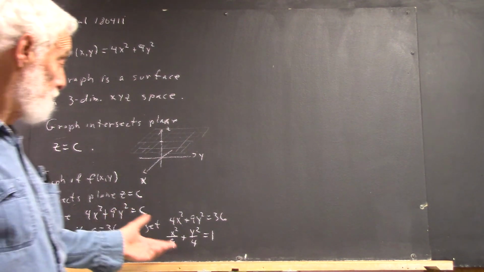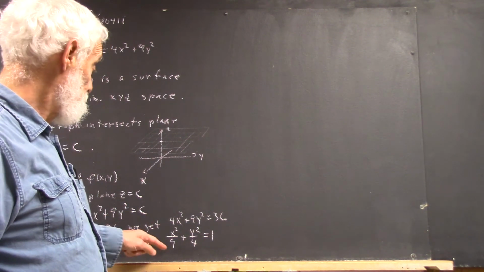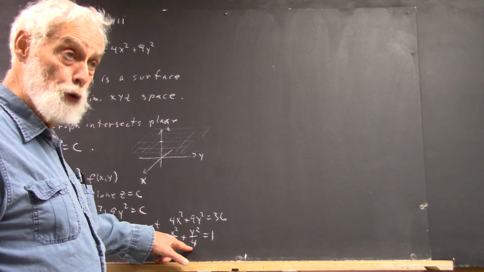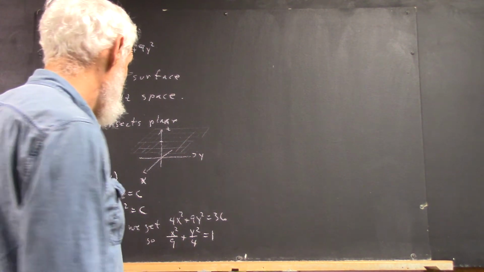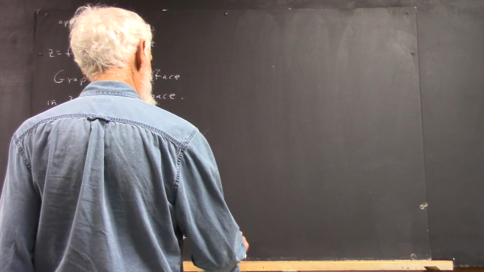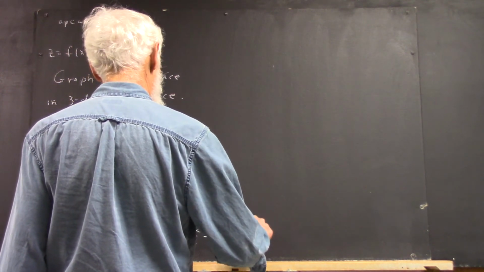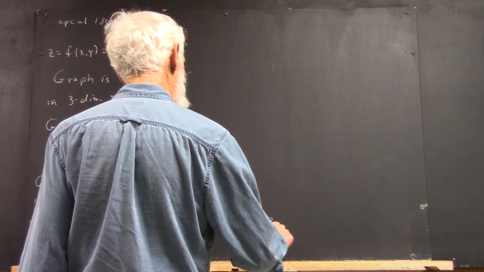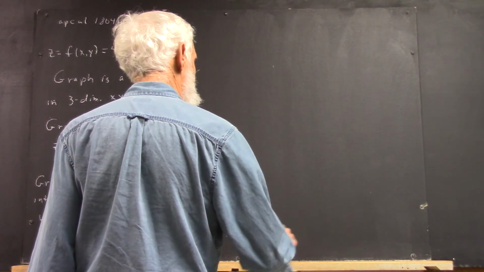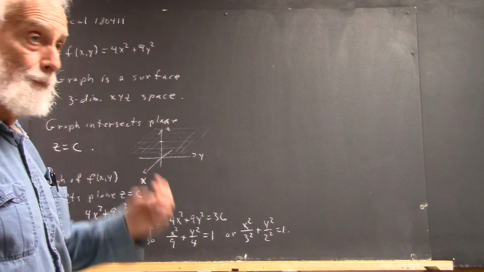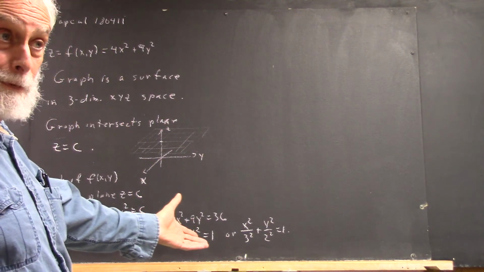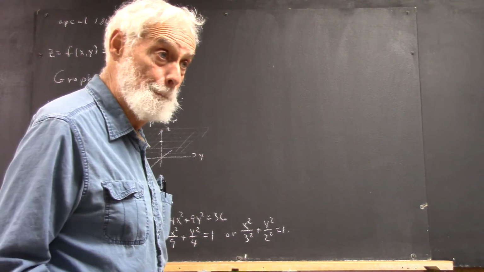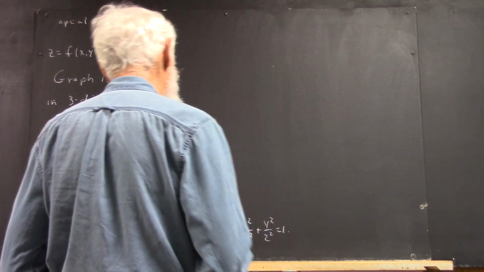And this is an ellipse with the semi-major axis 3, semi-minor axis 2. Okay? So just make that really explicit. This is x squared over 3 squared plus y squared over 2 squared equals 1. Okay? This is identified as an ellipse by the stuff I wrote out last time, right?